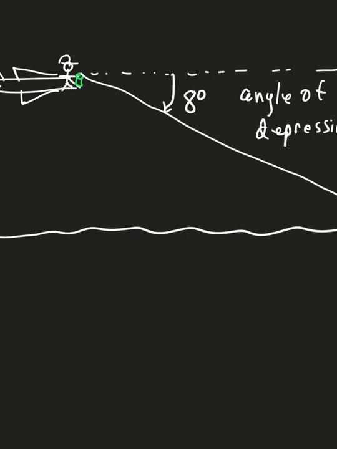The pilot, because of the gauges in the plane, knows that he or she is flying at 12,000 feet. Question: can we determine both the horizontal distance the plane is away from the town and the straight line distance that the plane is away from the town?